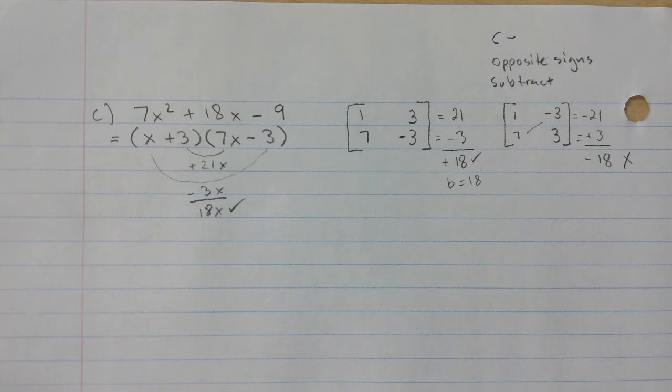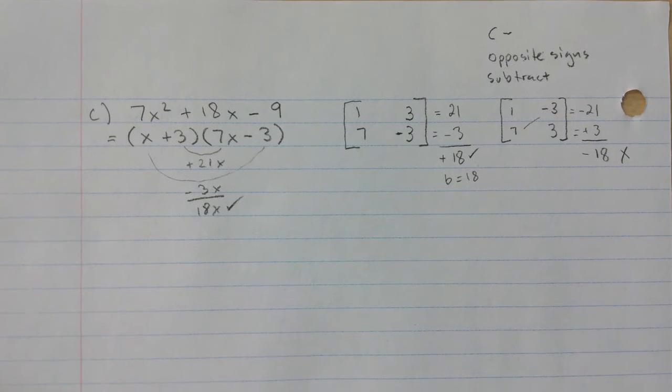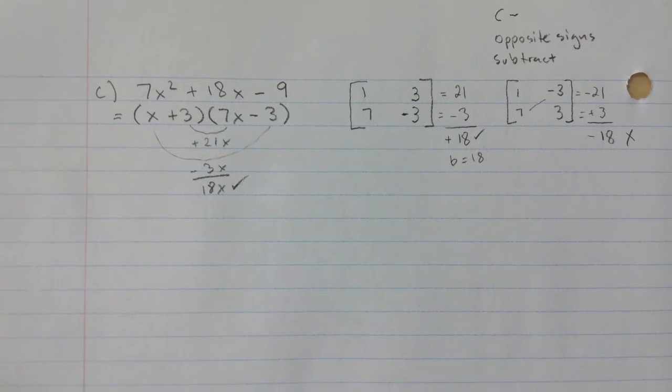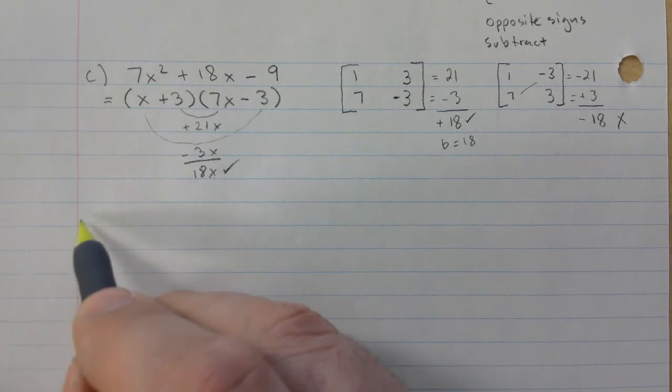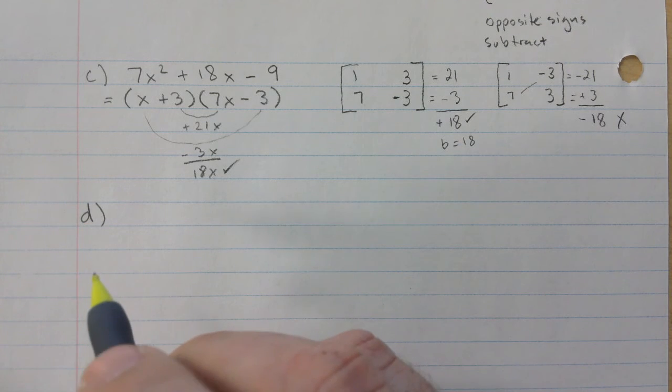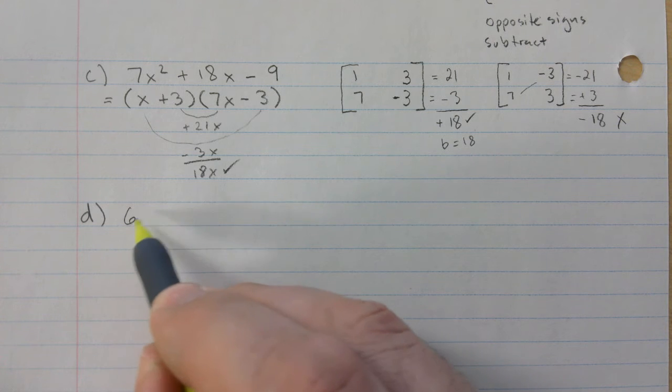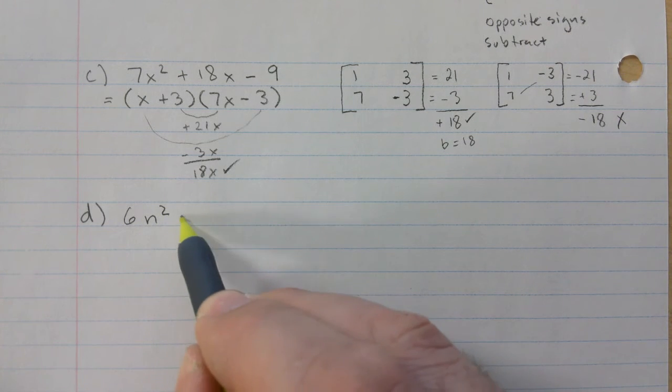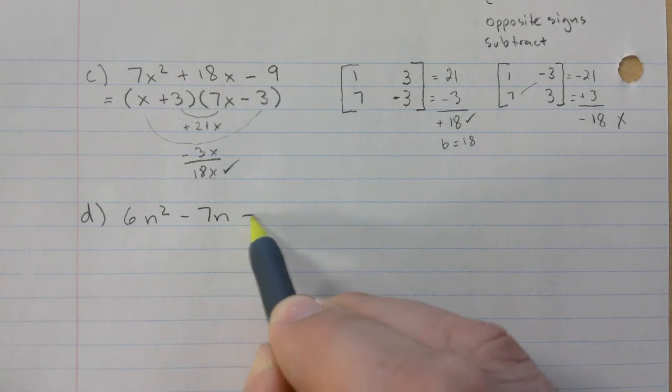Here, let's try another one. D: 6n squared minus 7n plus 2.